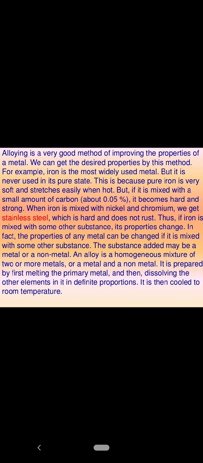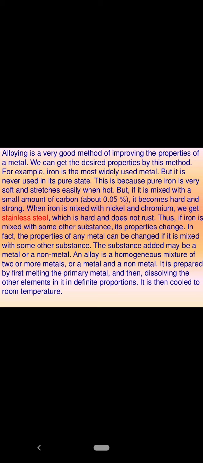Alloying is a very good method of improving the properties of a metal. We can get the desired properties by this method. For example, iron is a widely used metal, but it is never used in its pure form because pure iron is very soft and it stretches out very easily when it is hot.